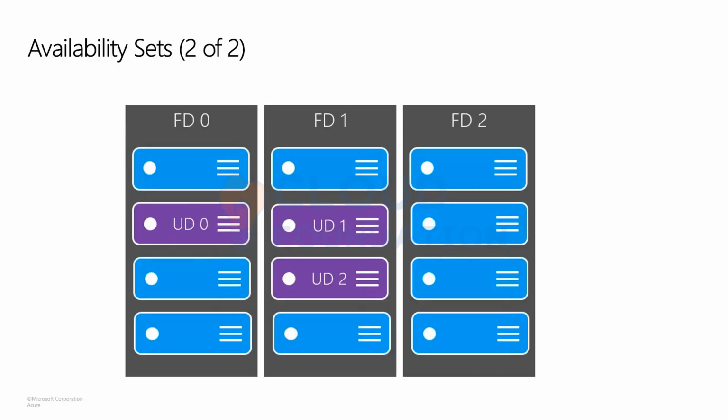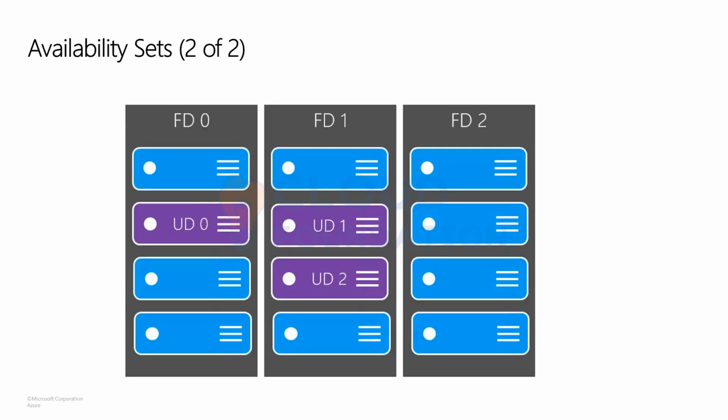Which means if there are 2 or 3 machines which have been installed at the same time, they will also restart at the same time. That's why we put your machines in update domains. If one machine gets restarted, the second machine is still up and running, even if a machine restarts because of a software update.